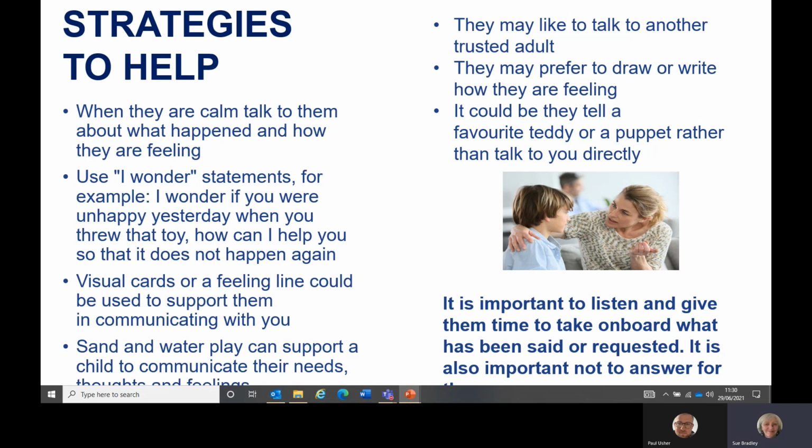It is important to listen, really listen, and give them time to take on board what has been said or asked. It is also important not to answer for them. We just need to be alongside them to show them that we care and that we can help.